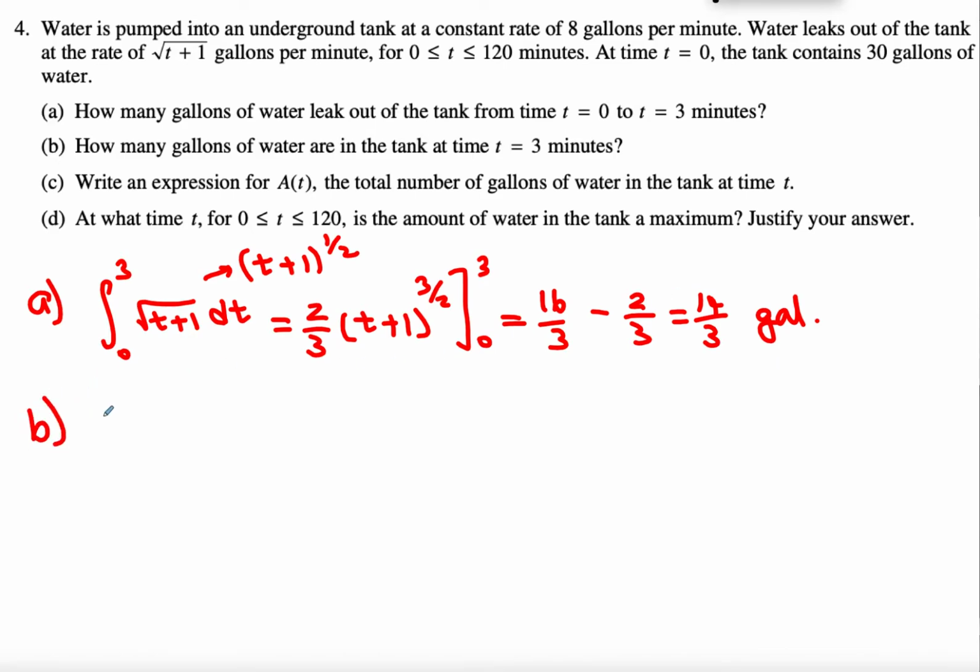Part B. How many gallons of water are in the tank at time t is equal to 3? So when you look at it, it started with 30 gallons. So starting from 30, I'm going from 0 through 3. How much water came in? 8. But how much water leaked out? By that much.